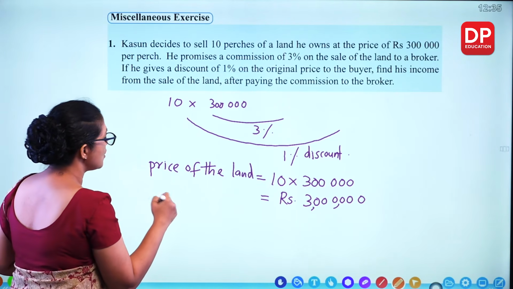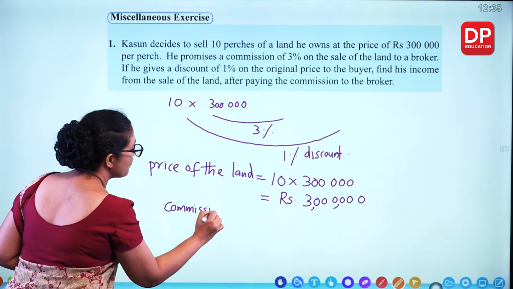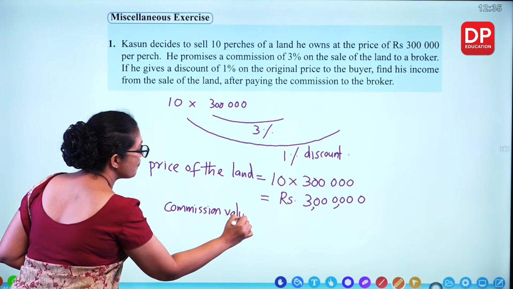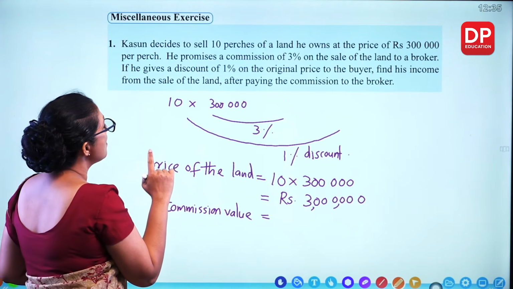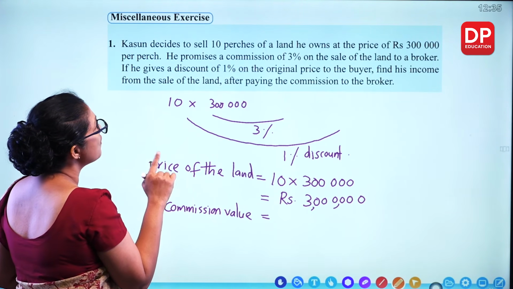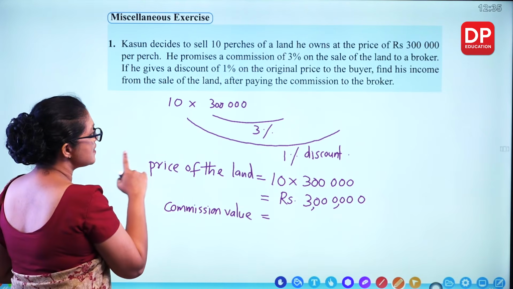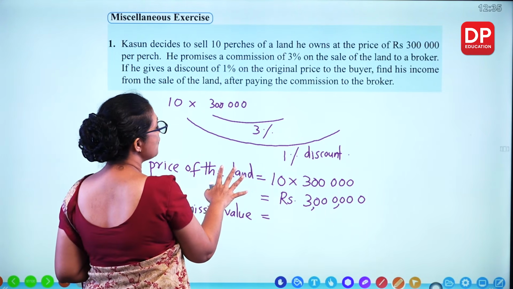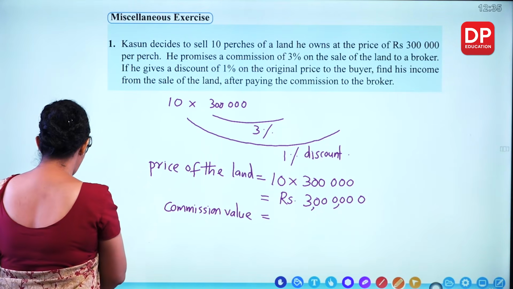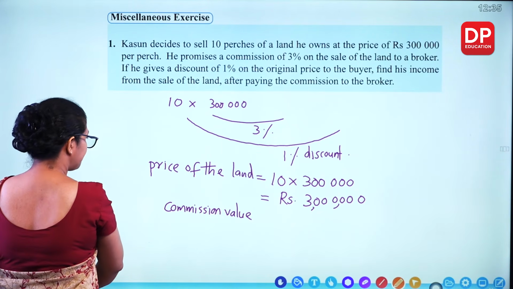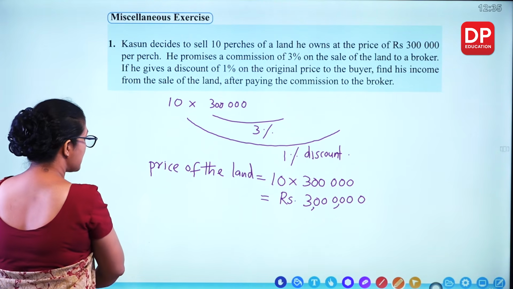So what's the commission value? Commission value is 3% on the sale. But before that, we need to find out the selling price. So this is the price of the land, but he gives 1% discount. So what's the sale price? We'll find out the sale price.